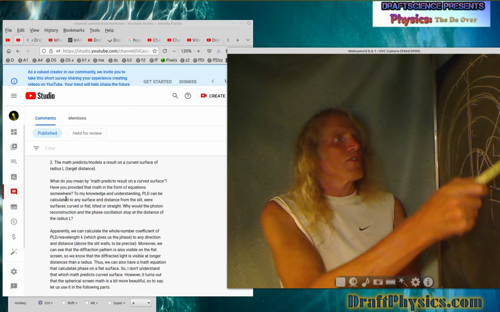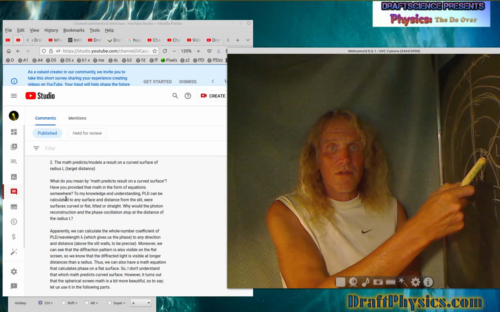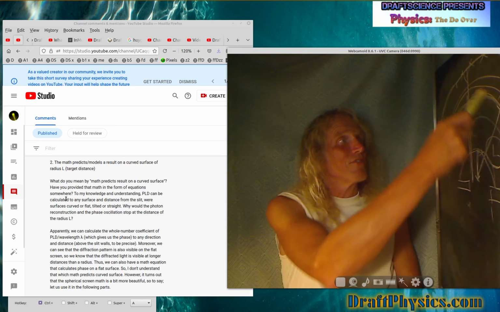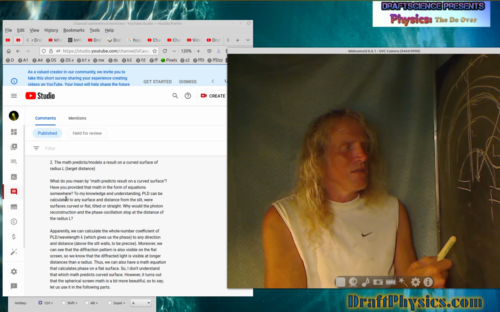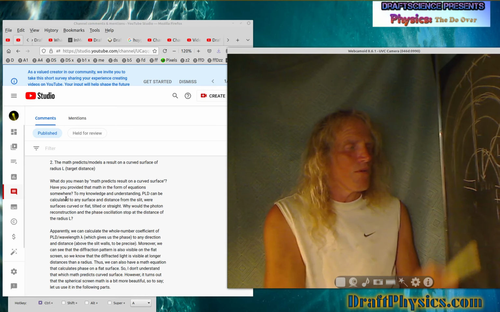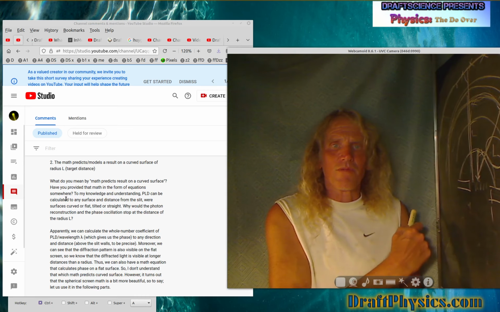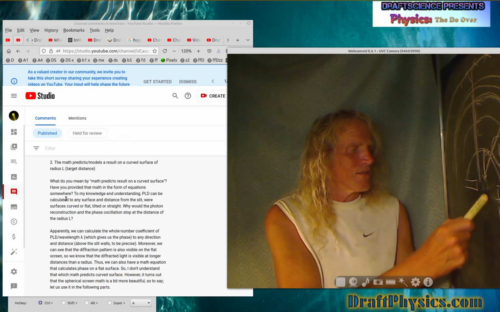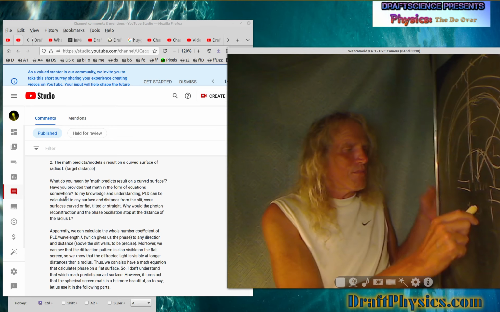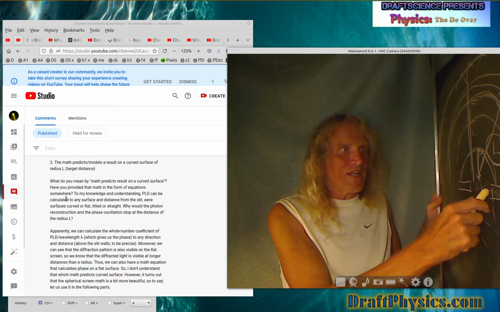You want to know the length of this circumference, you just multiply L times pi. Now I know exactly how long that arc is. That arc will have exactly as many nodes in it as wavelengths. So I divide the distance by the wavelength. That tells me how many are in here.